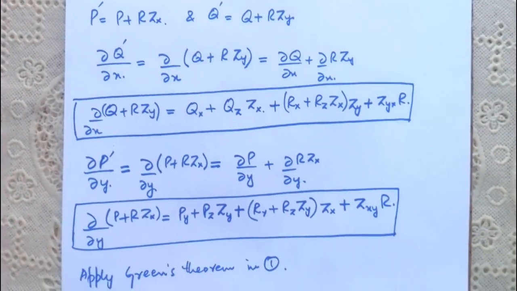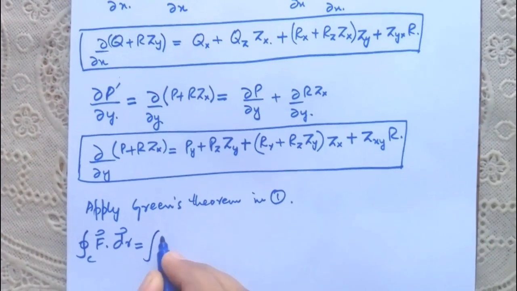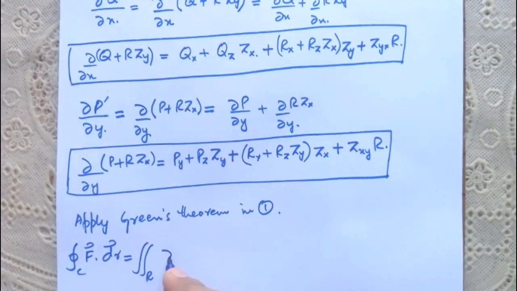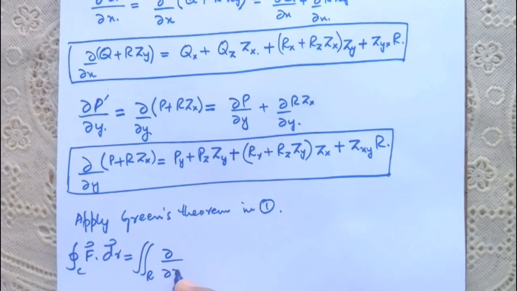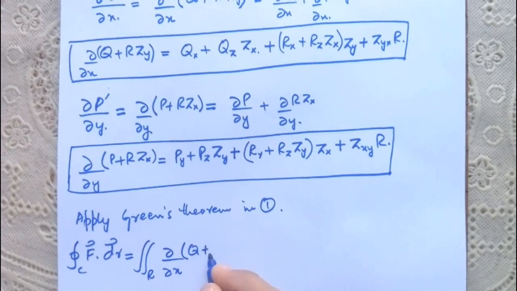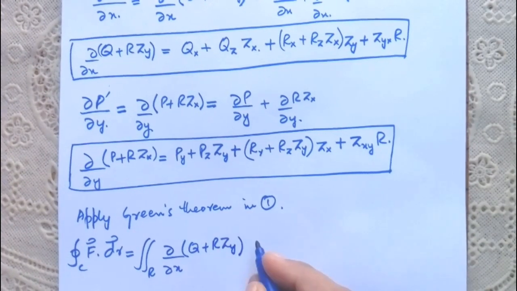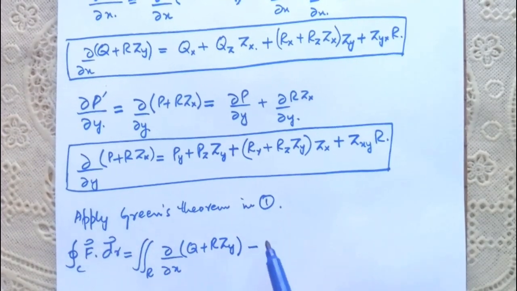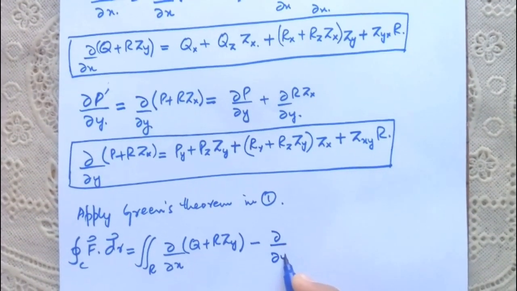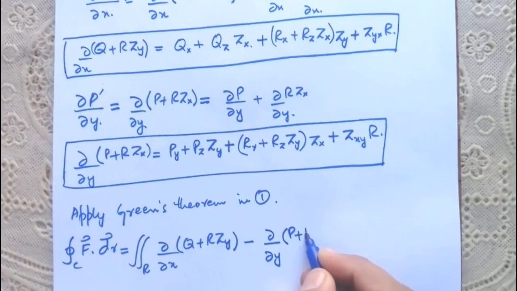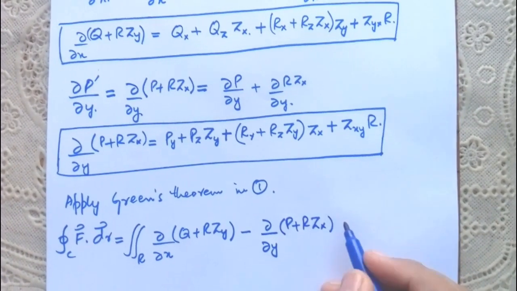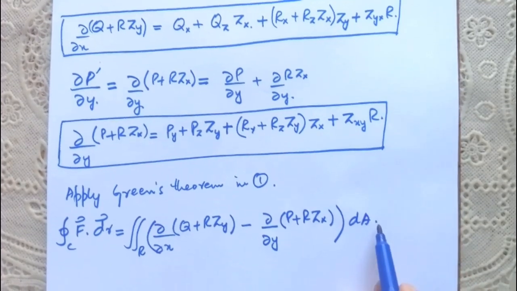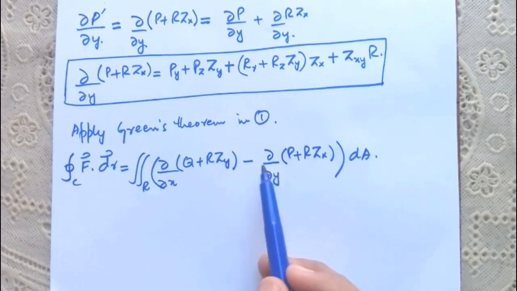So it becomes double integral over the region R, partial of q plus r zy minus partial of p dash, meaning partial of p plus r zx, times dA, right?